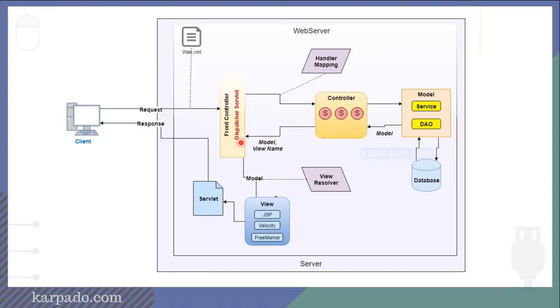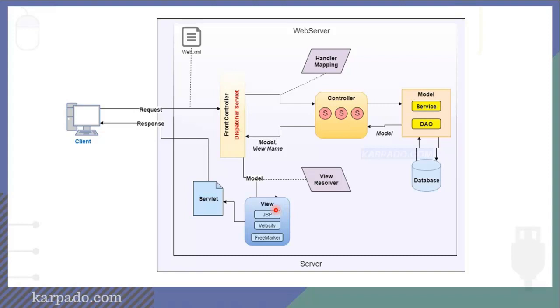The dispatcher servlet will take a look at the view resolver in order to determine the extension of the view. In case you're using JSP, for instance, the extension would be .jsp. The dispatcher servlet would append that extension to the view name and then forward that data or the model object to that view in order for it to render.